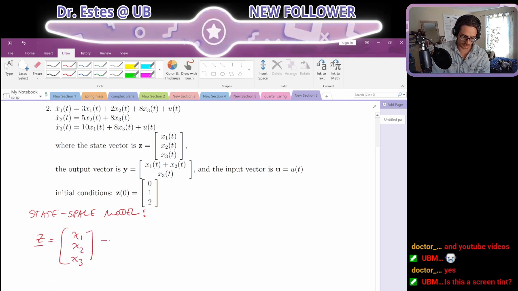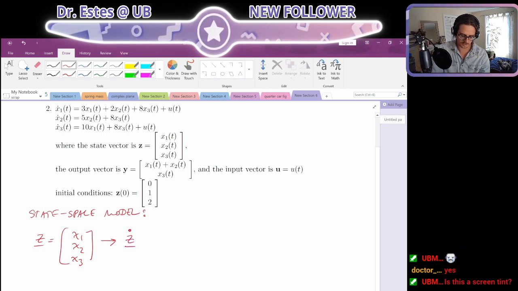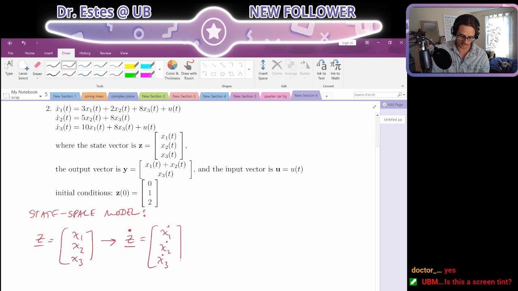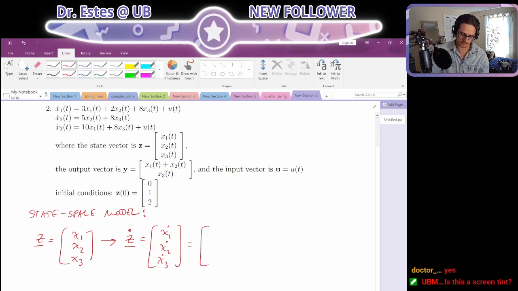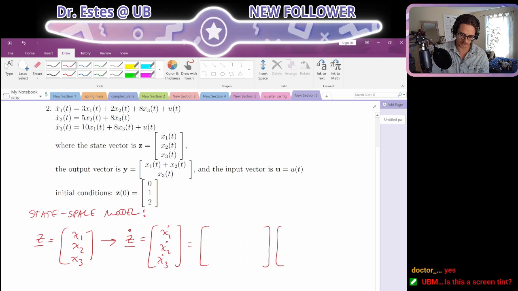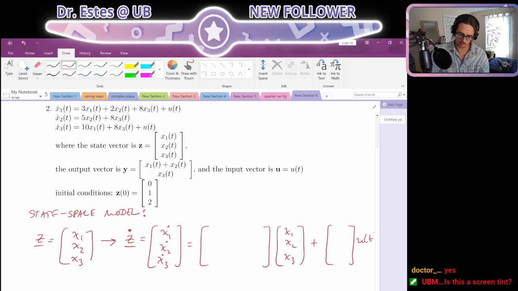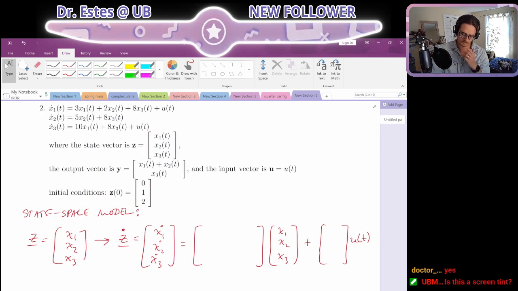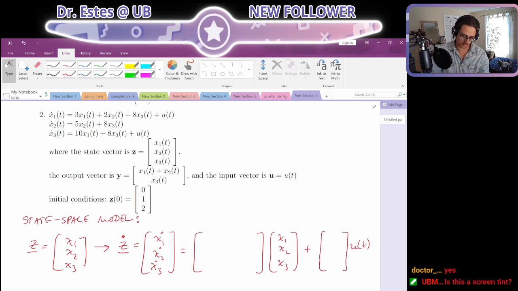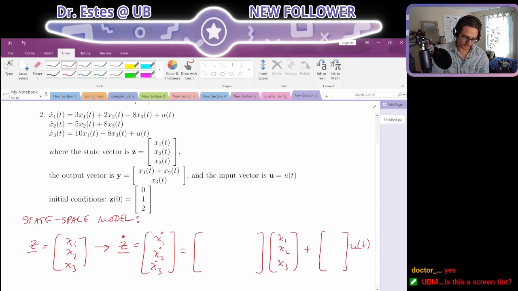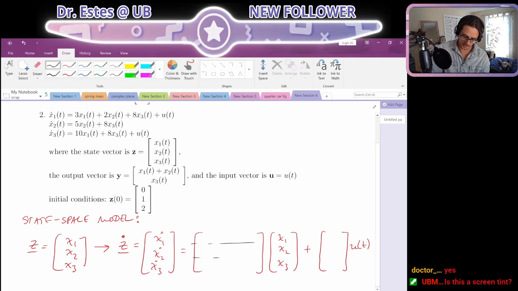So our first step is to take the derivative of these: x1 dot, x2 dot, x3 dot. And then this is going to be equal to our A matrix times our states plus a B matrix times, well, we only have one input here, u of t. So just looking at this, I'll partition these out real quick.